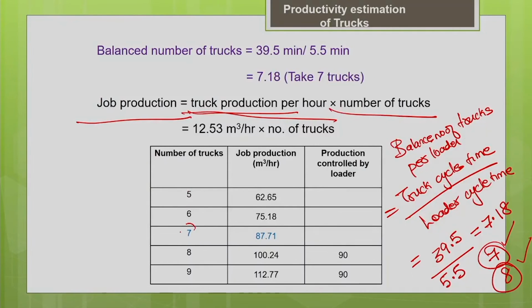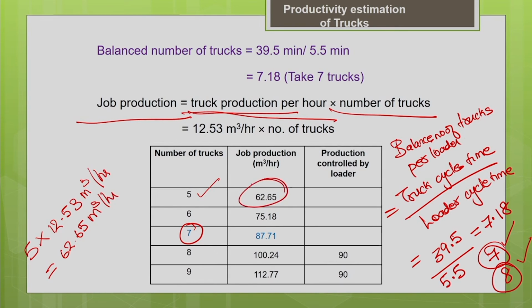The actual balance number is 7.18. So, for 5 trucks, 5 into the individual truck productivity of 12.53 meter cube per hour gives me 62.65 meter cube per hour.